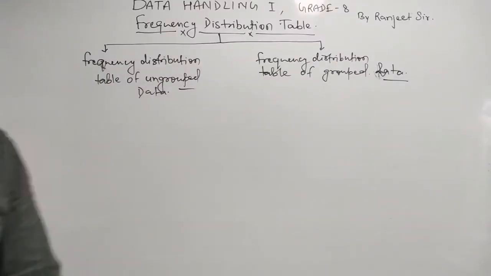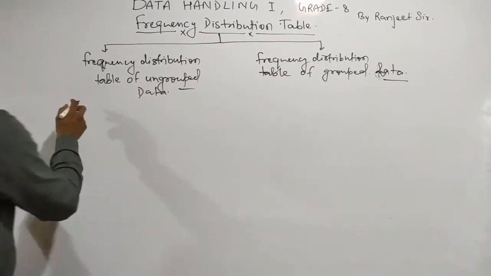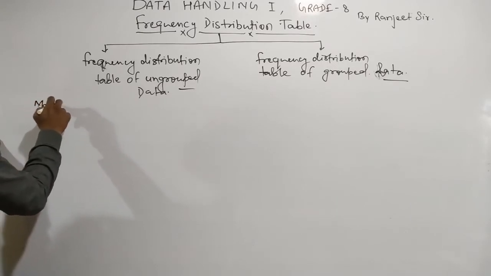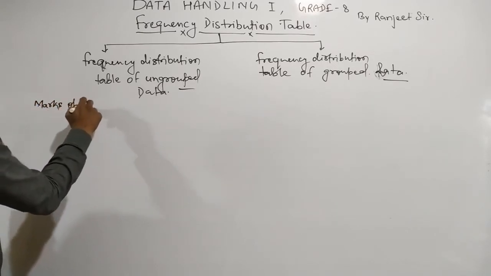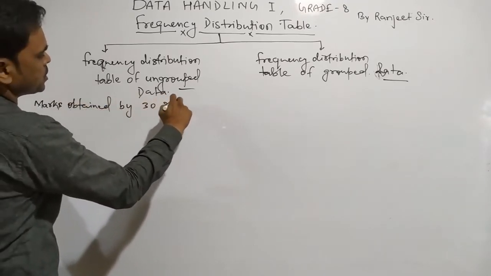So I write: marks obtained by 30 students.